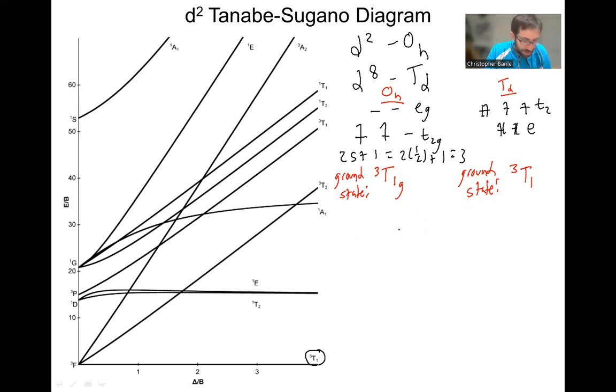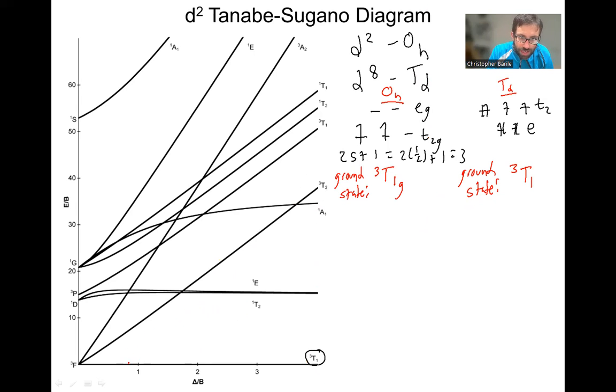All right, so we have the ground states identified, and now to figure out the number of spin-allowed transitions, we just know our spin selection rules say that we have to keep the spin the same in order to have a spin-allowed transition that's going to have a high intensity. So in this case, we just look for our other triplets.